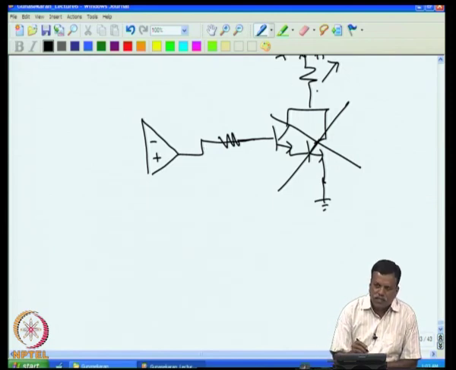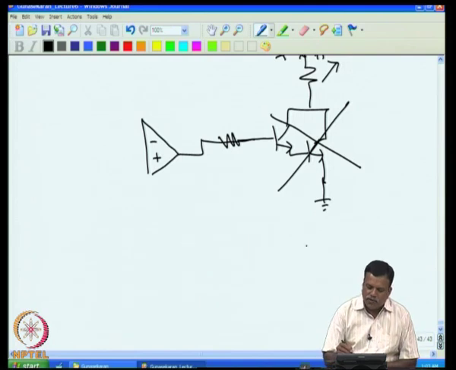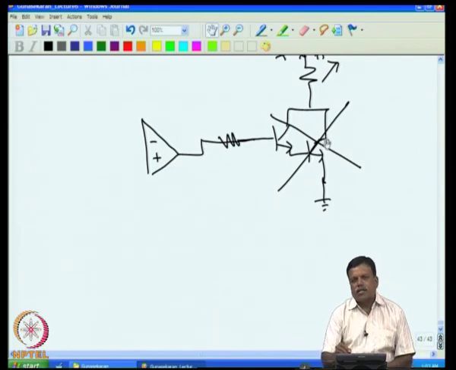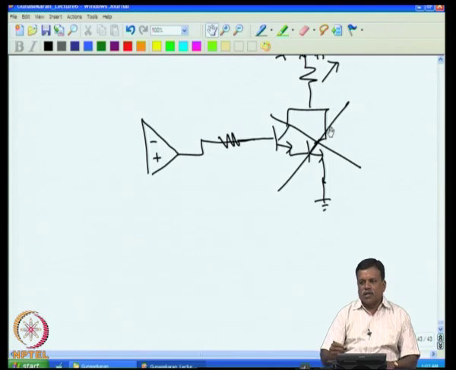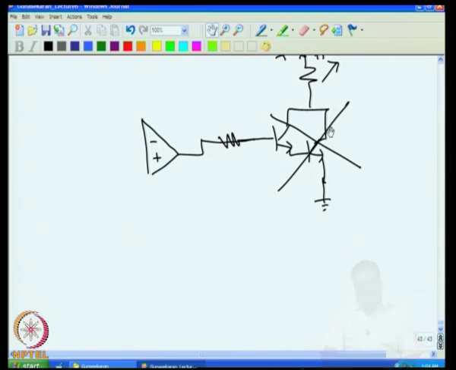One simple thing that can be done is to add a resistance here and have a scaled resistance at the collector, or we can use this voltage as a reference and then, using that, increase the voltage and drive the heater to a higher voltage. All these things can be done; we will do it in the next class.